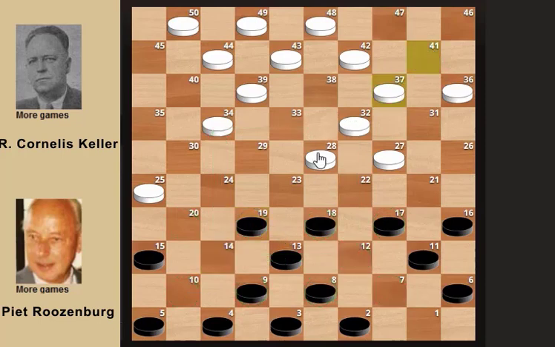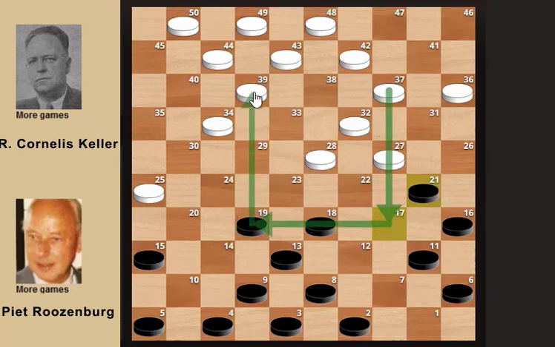Then the 19 move was responded by Keller by playing 41-37. This move was replied by Roozenburg by playing 17-21. Again, if you draw the square, we see that the positions surrounding the 17 vertex are 22, 21, 11, 12.